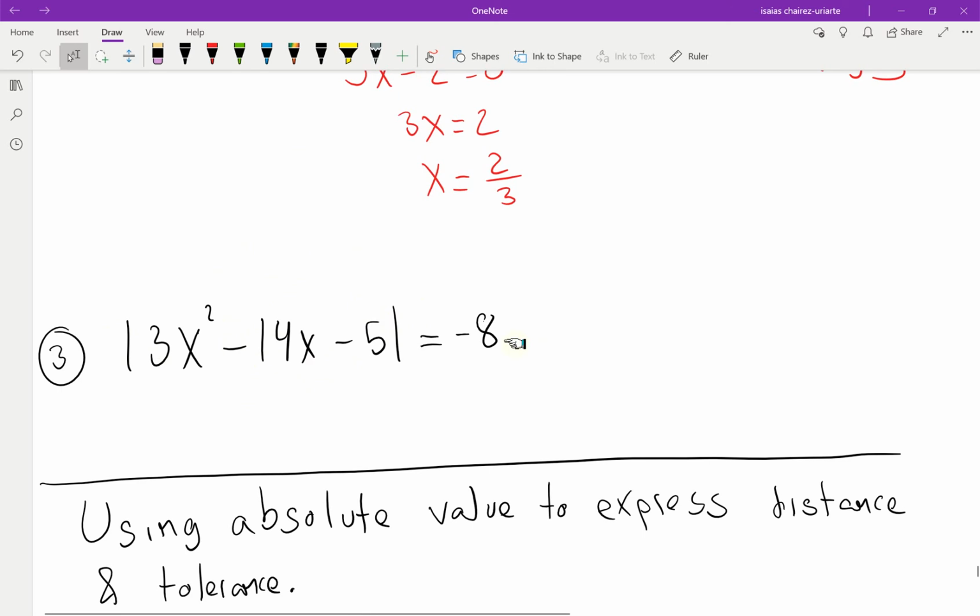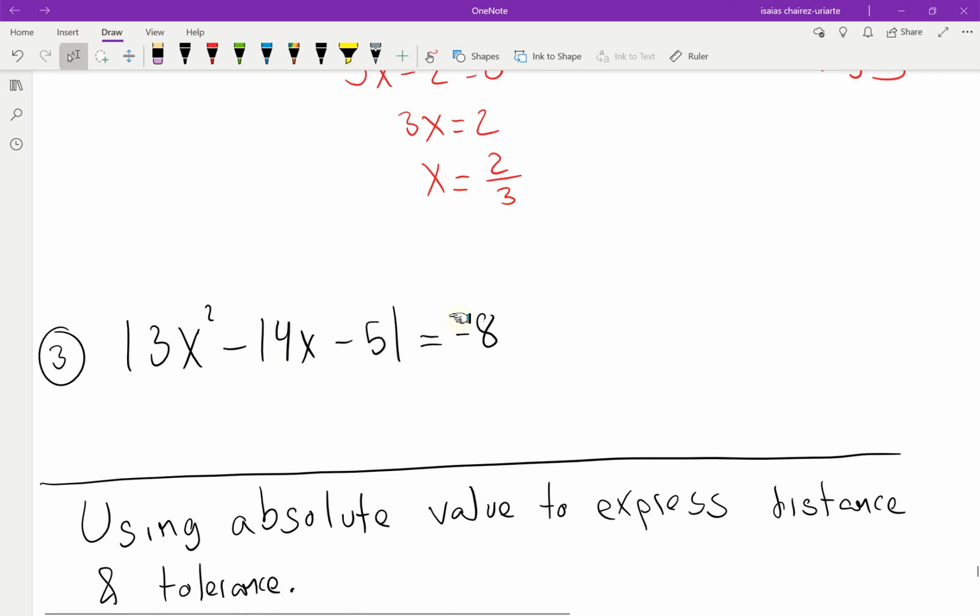And the answer is no. The left-hand side can never be equal to -8. Graphically speaking, you have some graph that is always above the x-axis on the left-hand side. And on the right-hand side of this equation, you have a horizontal line that hits the y-axis at -8. Well, they're never going to intersect.